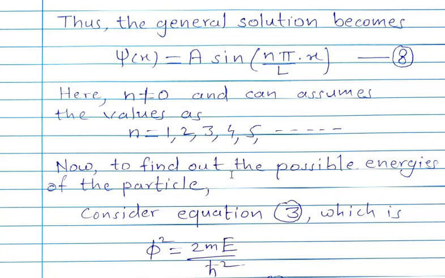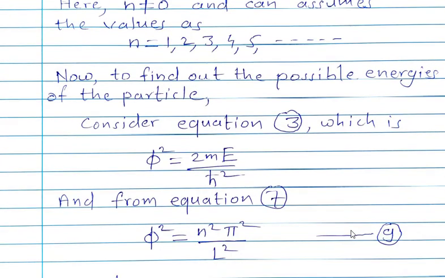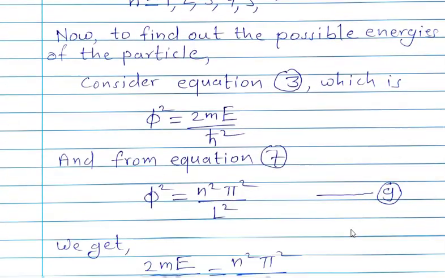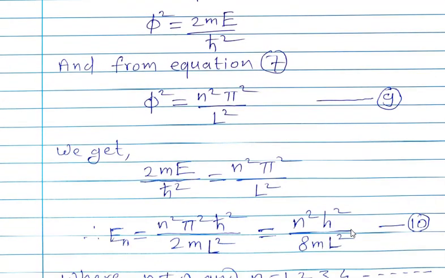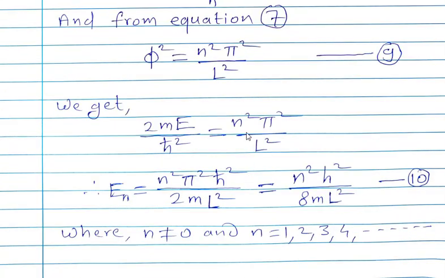To find out the possible energies of the particle, let's consider the substitution term phi square for twice m e by h cross square. Just now we have found the equation for this phi as n pi by L, and hence if we square that equation 7, then we get phi square equal to n square pi square by L square.